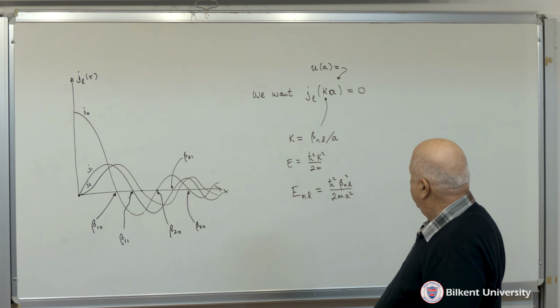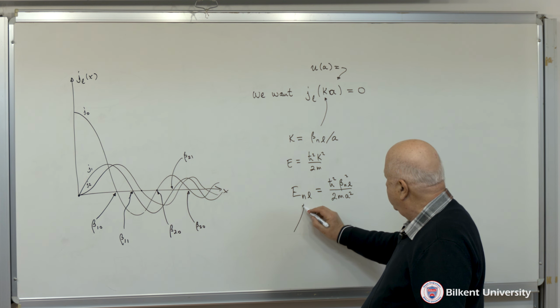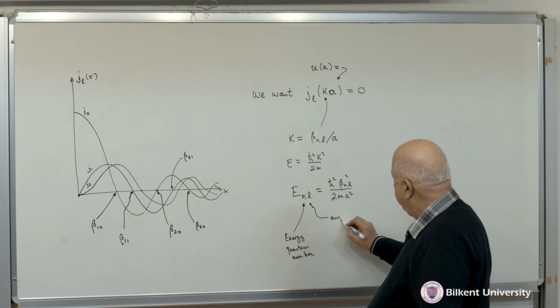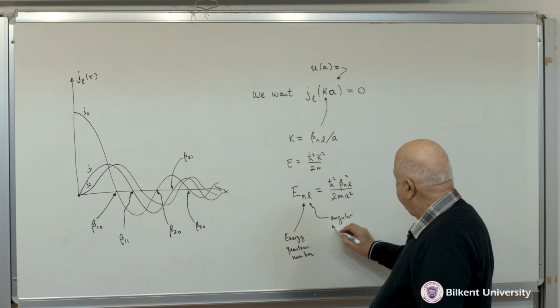All right, so these are the energy eigenvalues. This n is called the energy quantum number, and this L is the angular momentum quantum number.